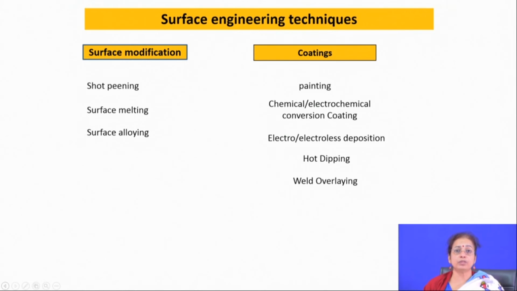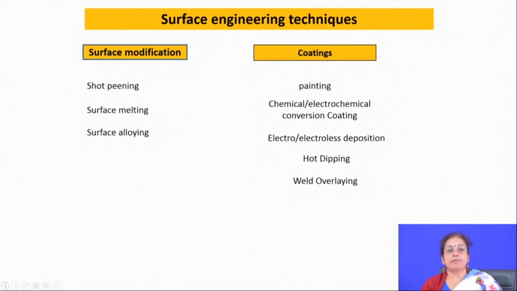So, there is a sharp interface or diffused interface between the coated layer and the component. If you talk about different surface modification techniques that may be applied for mitigation of corrosion, they are of three types. One is shot peening, second one is surface melting, third one is surface alloying.